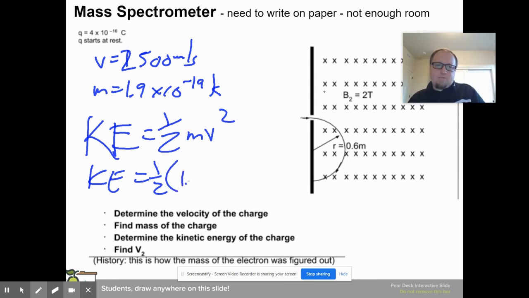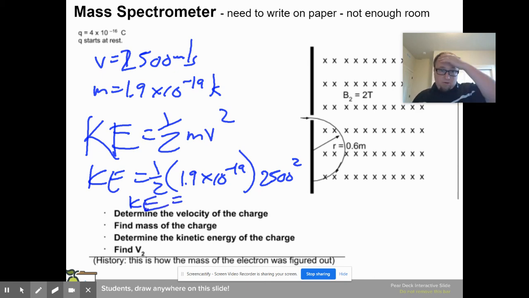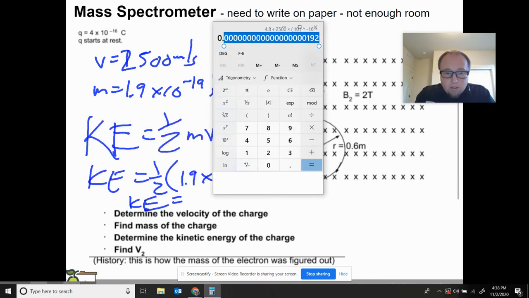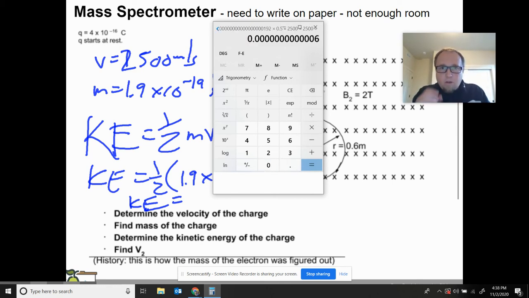So the mass is 1.9 times 10 to the negative 19. Velocity is 2,500. I get a kinetic energy. Here we go. So times 1/2 times 2,500 times 2,500.